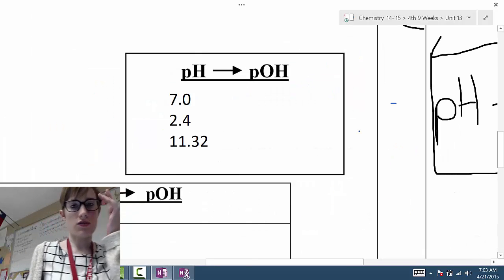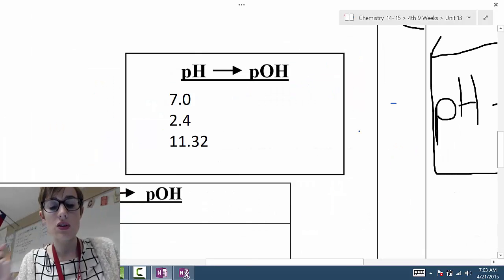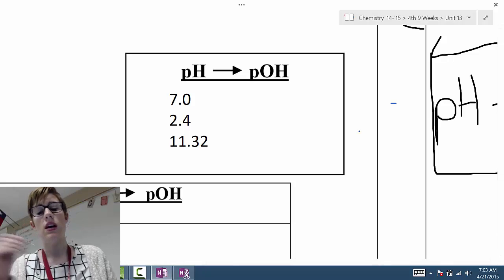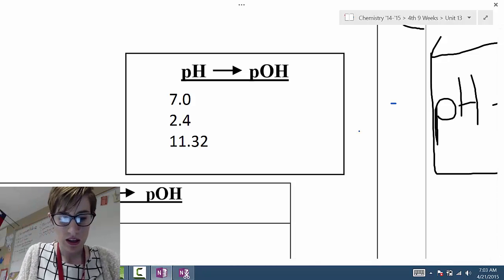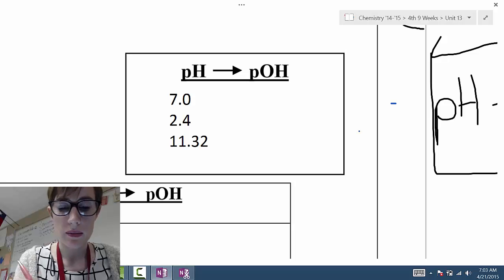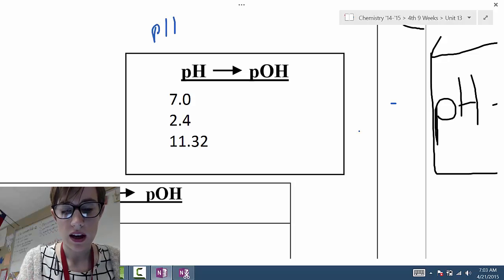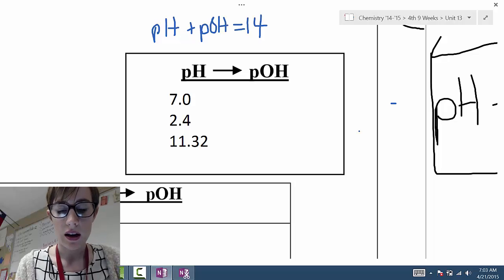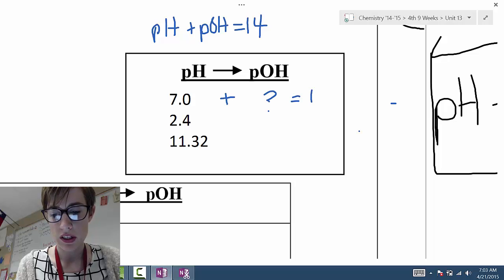Okay, let's solve these few problems over here in this box. I've given you the pH values, and I want to know the subsequent pOH values. Going with our formula, pH plus pOH should equal 14 together. If it's 7 plus, what is my pOH that will give me 14?